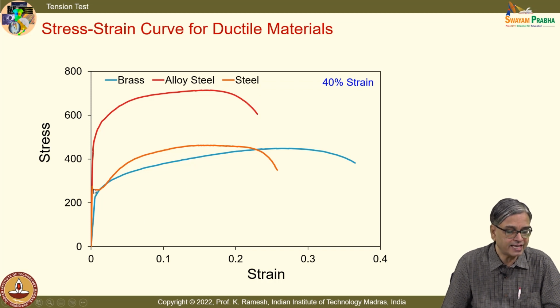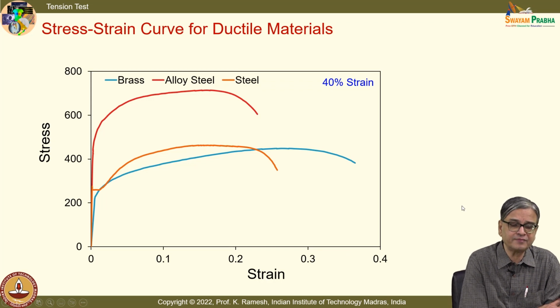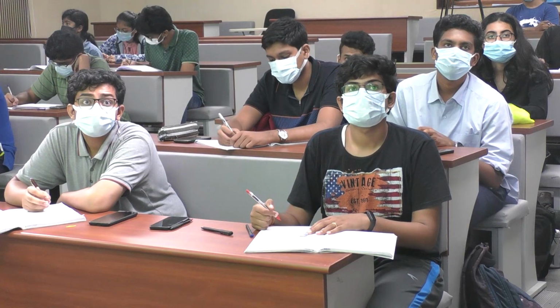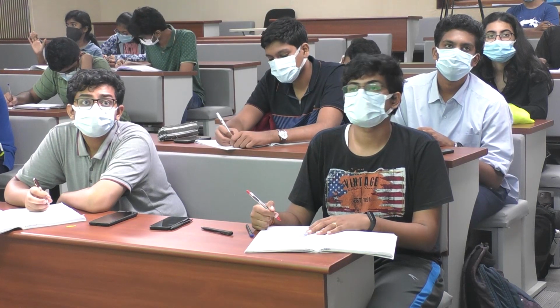I have a sharp demarcation of the yield point and it then dips and then it increases and then it has drawn like this. And this graph is drawn up to 40% of strain. So, I have 0.1, 0.2, 0.3 and 0.4. And what is the first observation you see from alloy steel to mild steel? What is the first, striking observation?